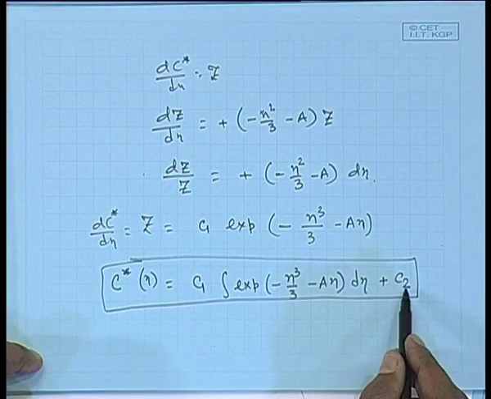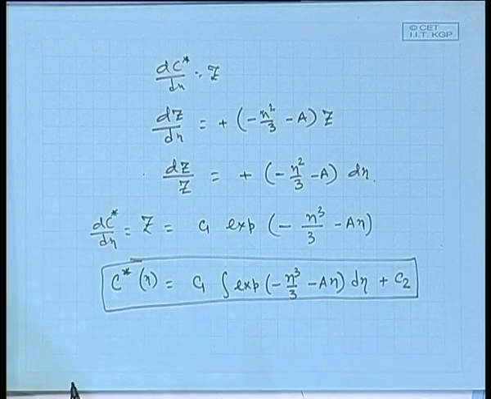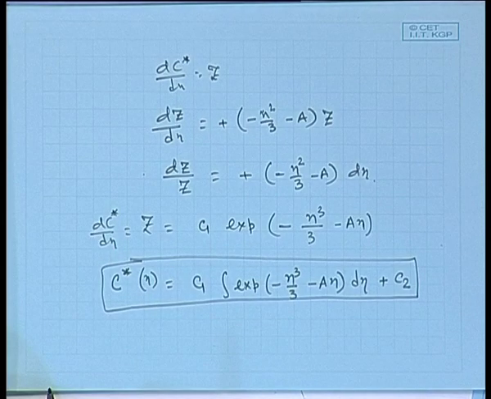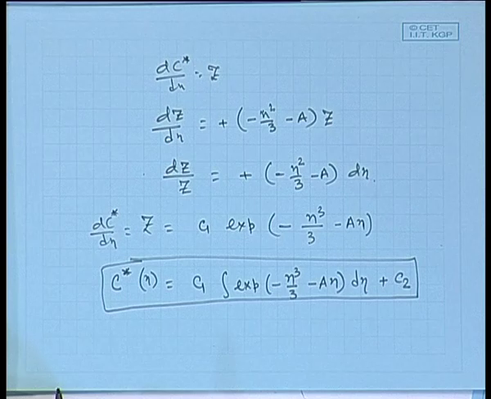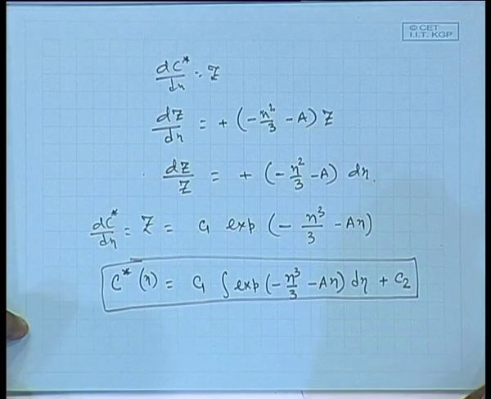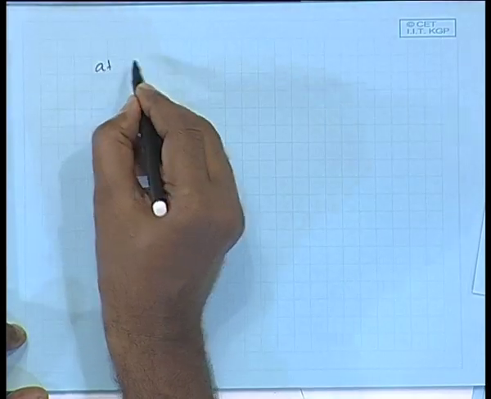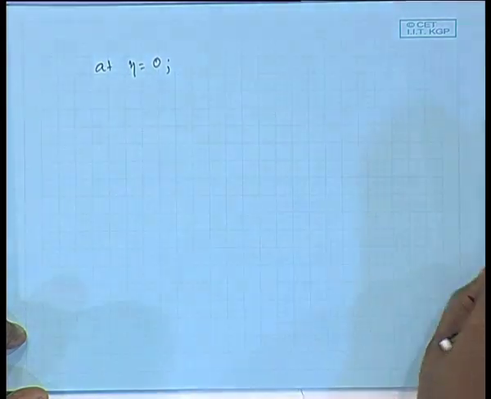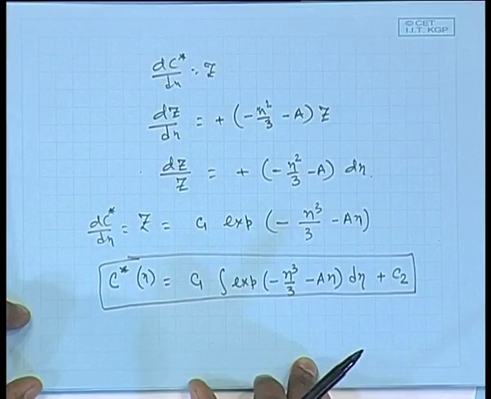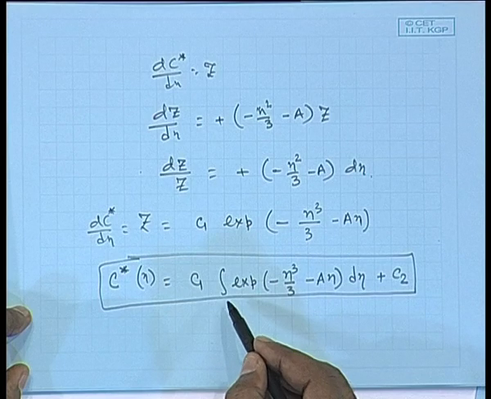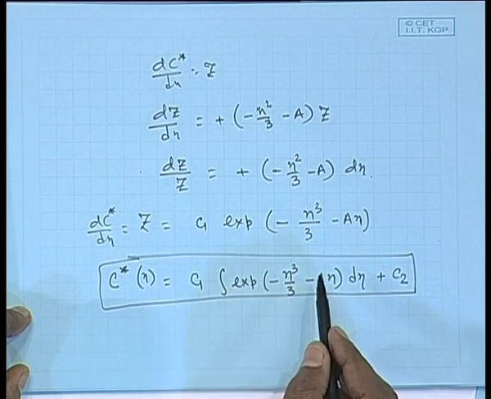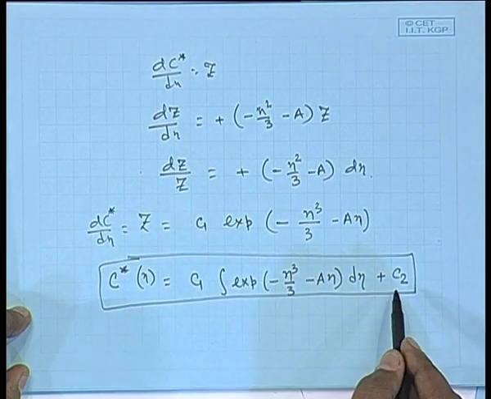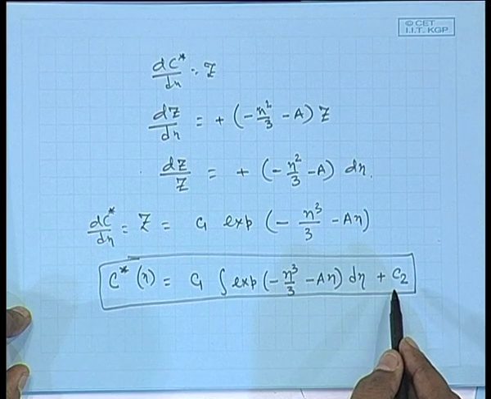Now, this C1 and C2 can be evaluated from the two boundary conditions at eta equal to 0 and eta equal to infinity. At eta equal to 0, what is C star? This will be from 0 to 0. So, this whole integration will be gone, the C star will be nothing but C2 at eta equal to 0.